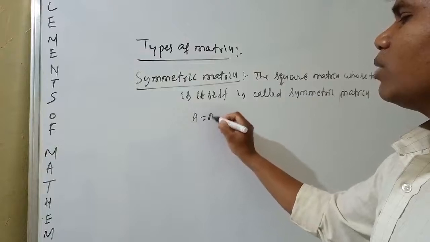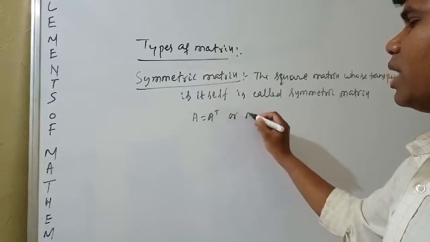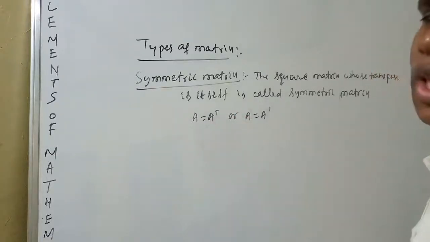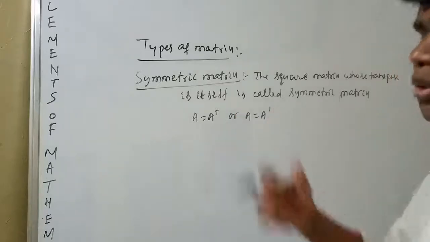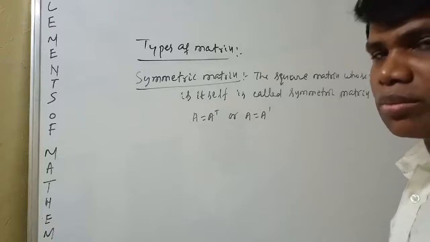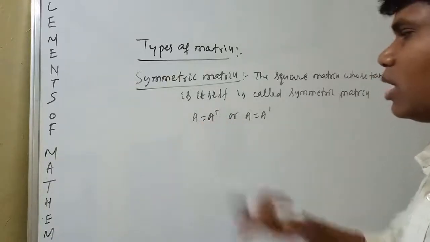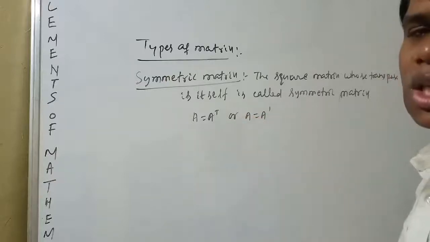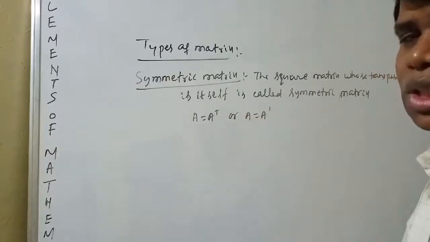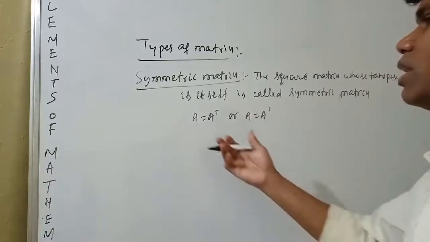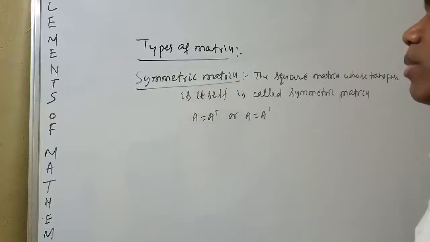That means A is equal to A transpose, or we can say A is equal to A dash. In some books A transpose is given, in some books A dash is given. If you interchange the rows and columns, you get the same thing. That means A is equal to A dash, and this matrix is called a symmetric matrix.